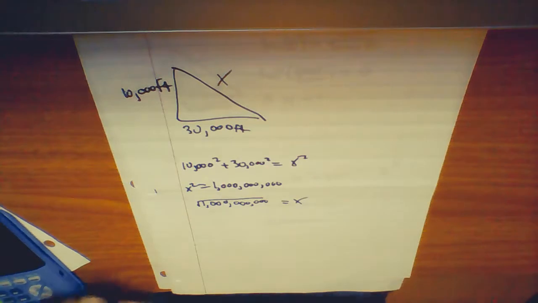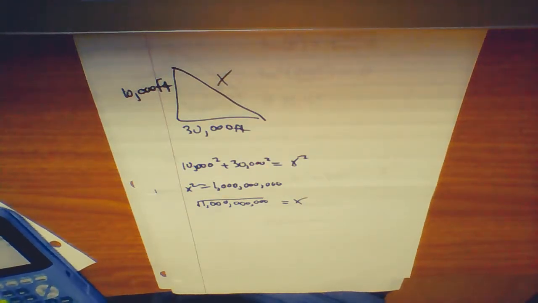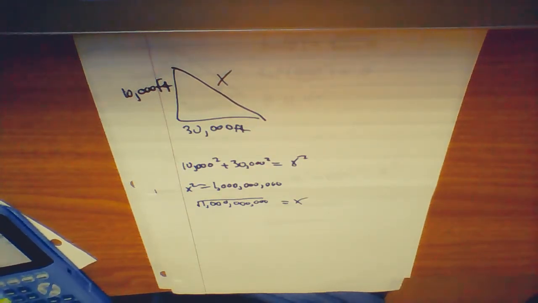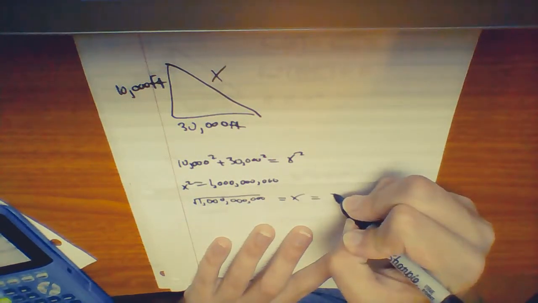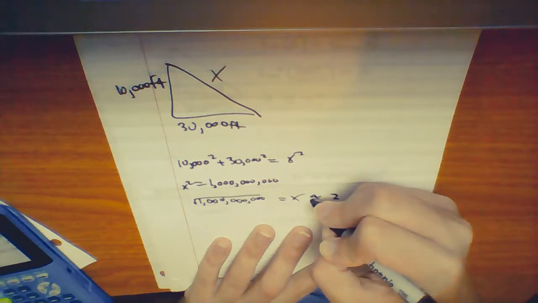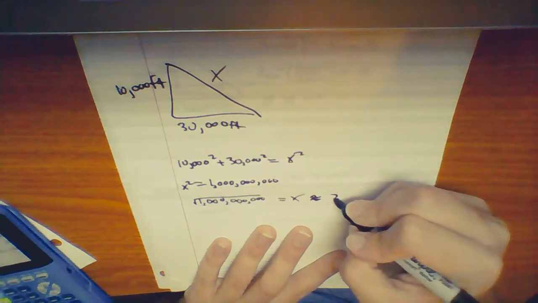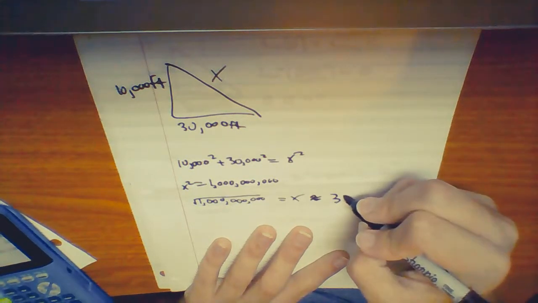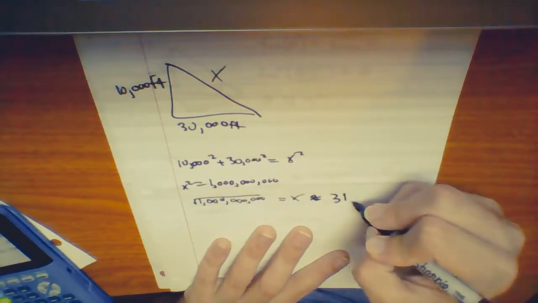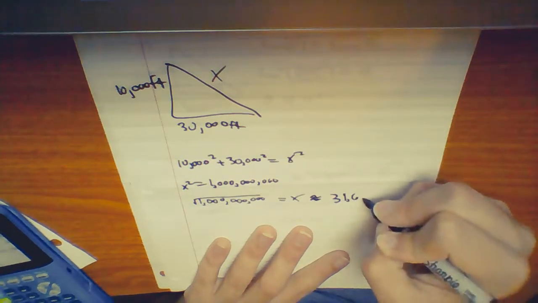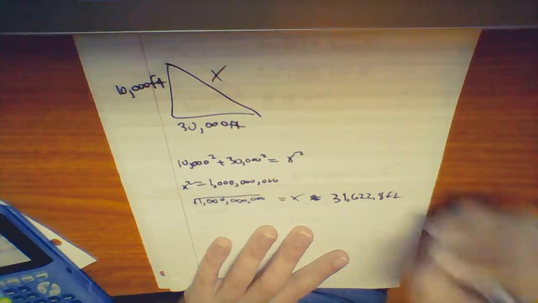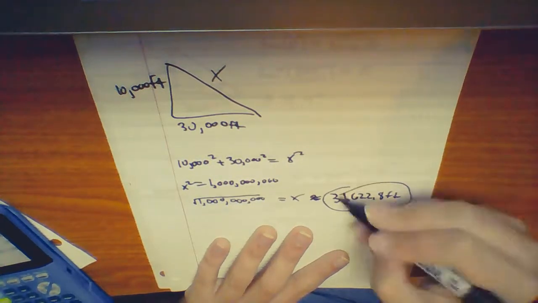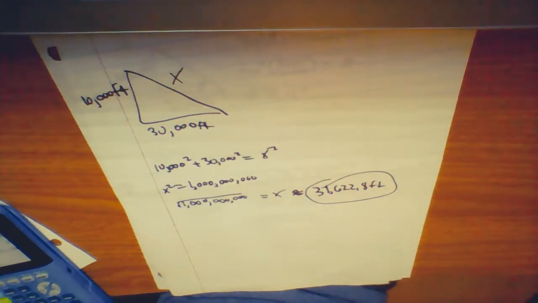And the square root of 1 billion equals roughly, because square roots are irrational, 31,622.8 feet, which is our answer of the straight line distance from the beach to the peak.